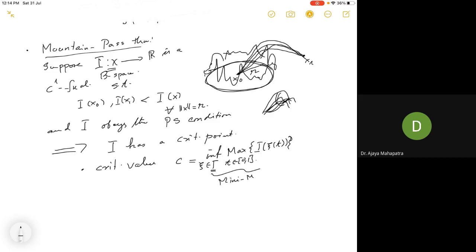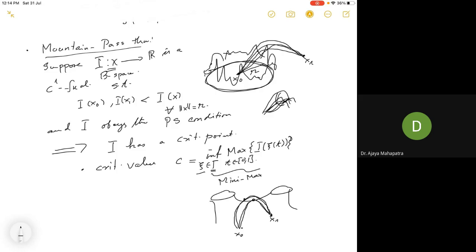So basically, what sort of critical point does the mountain pass theorem give? It gives you the saddle points. So it's like saying you get a structure like this. You're here, and you look at all those paths where you move to the other side of the mountain. You fix a path, then move from this place to this place, choose its maximum.